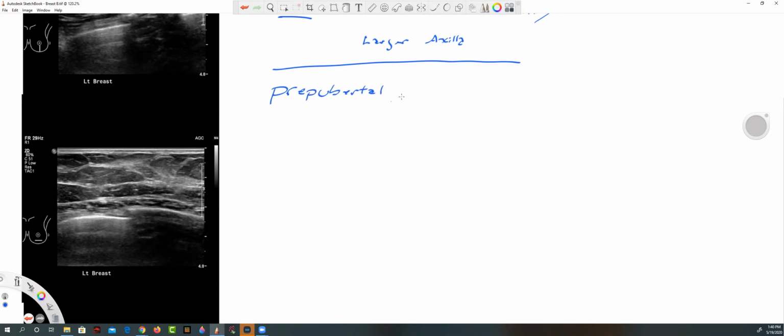Prepubertal breast. If there is breast tissue at all, it is fatty. You don't see the glands because they haven't been stimulated yet.